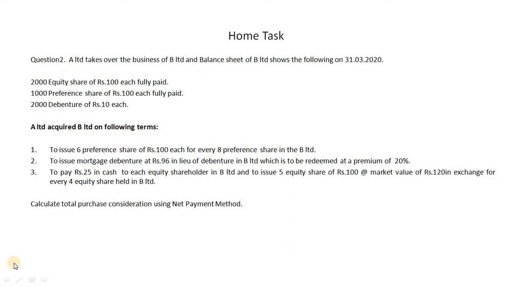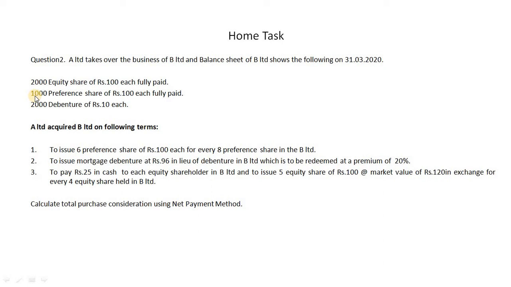Now to calculate this we have to first find out how many preference shareholders are there in the B Limited. Okay, here you see 1000 preference shares of rupees 100 each, right? So it means total amount is like 1 lakh, right?